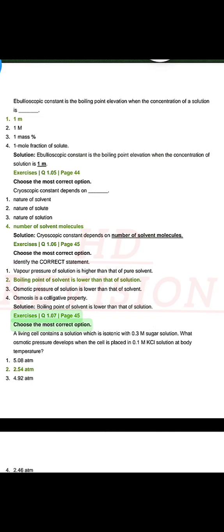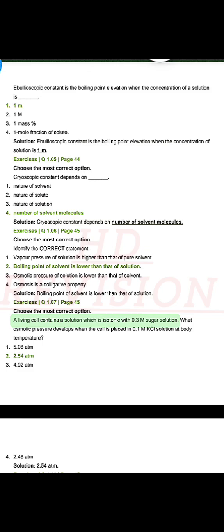Exercises Q1.07, page 45. Choose the most correct option. A living cell contains a solution which is isotonic with 0.3 m sugar solution.